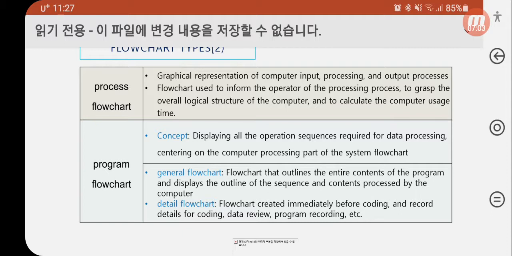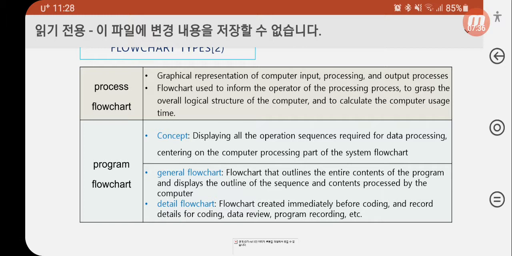Finally, the last type is program flowchart. This displays all the operation sequences required for data processing, centering on the computer processing part of the system flowchart. This is divided into two types.